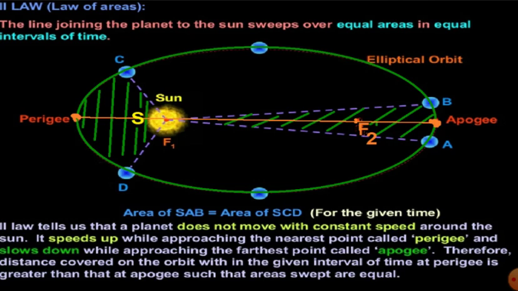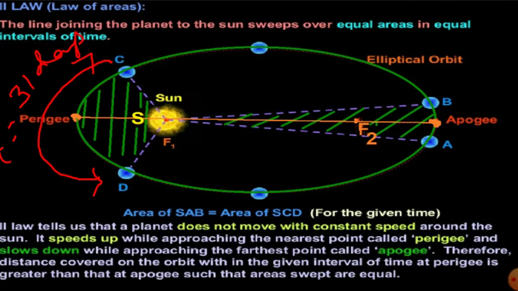Let's take it as an example. So the time taken by the planet to move from here to here, let's take that time as 31 days. And somewhere other than this, let's take it somewhere here from point A to point B.